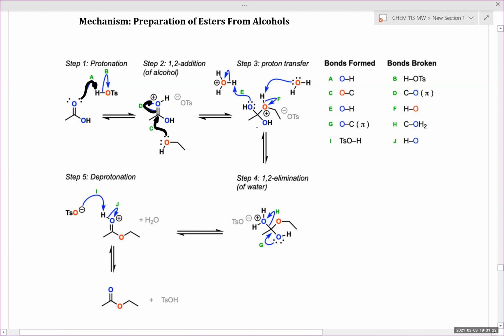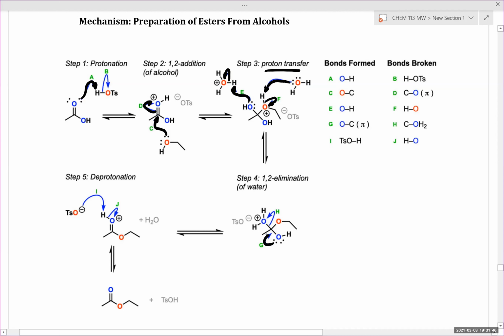In order to set up our molecule to kick out water, we need to undergo a proton transfer, where a proton is removed from our added alcohol and water picks up a proton from the solvent. We now have water as a wonderful leaving group.